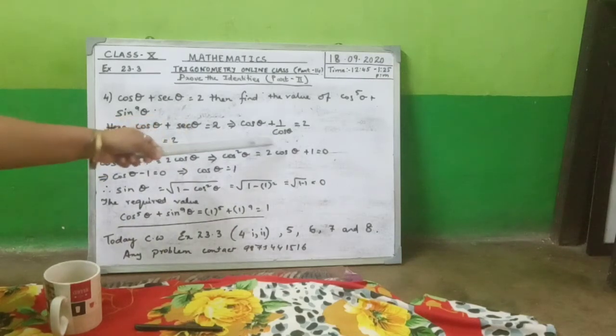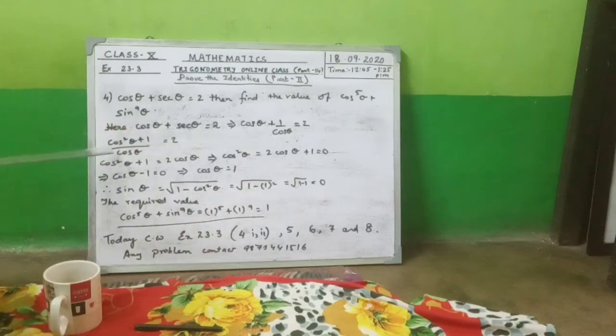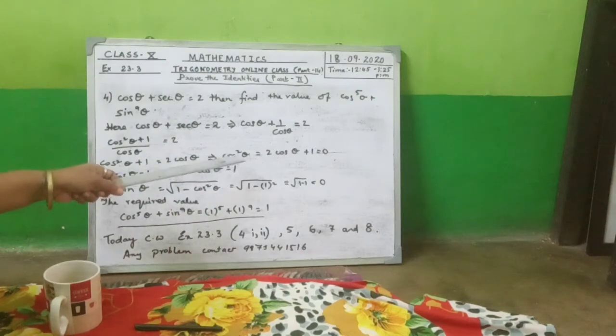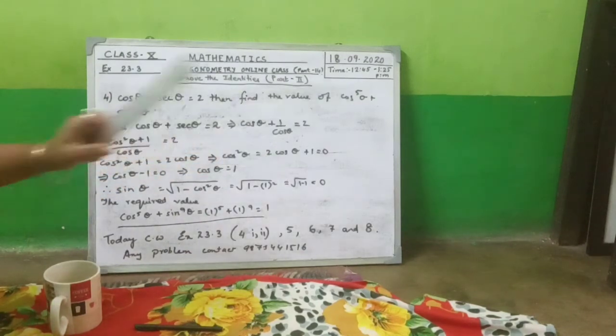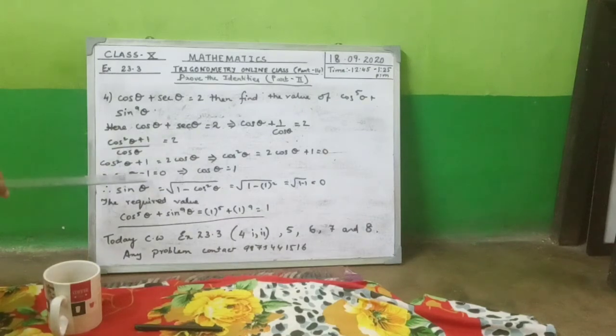So now you can just do the LCM. We will get cos square theta plus 1 by cos theta, that is equal to 2. We know cos square theta plus 1 is equal to 2 cos theta. So cos square theta minus 2 cos theta plus 1 is equal to 0, or cos theta minus 1 is equal to 0, or cos theta is equal to 1.